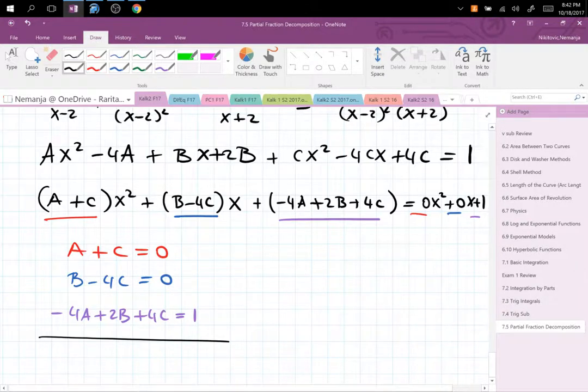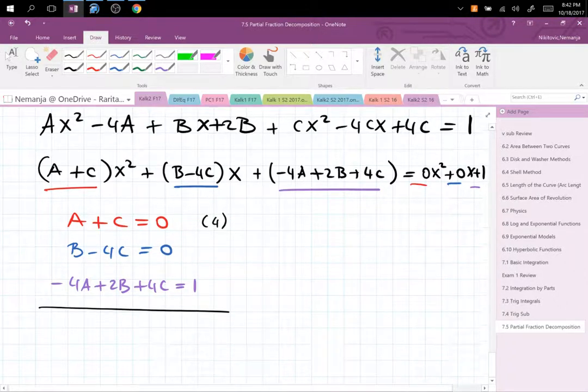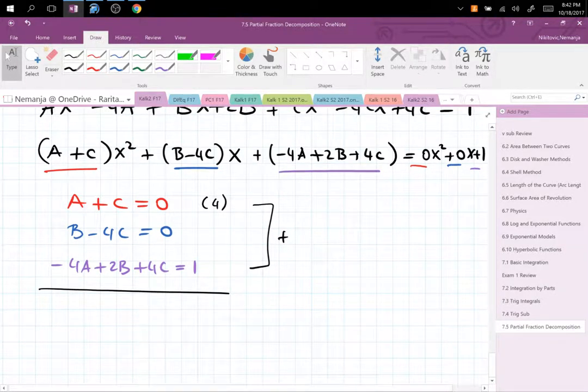Use whatever witchcraft you can to solve this. The cool thing is the top equation is missing b, so times 4 to kill a's when you add it to the last equation. So 4a plus negative 4a is gone. 0b plus 2b is 2b. 4c plus 4c is 8c, equal to 1.